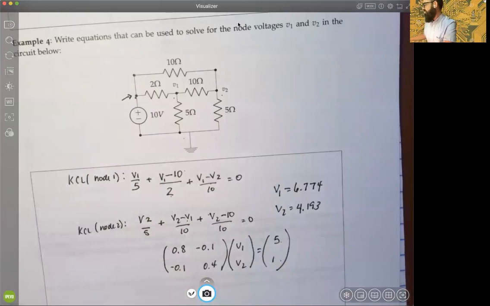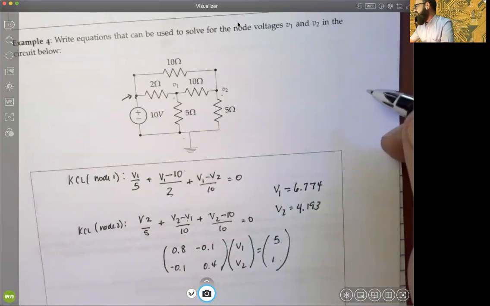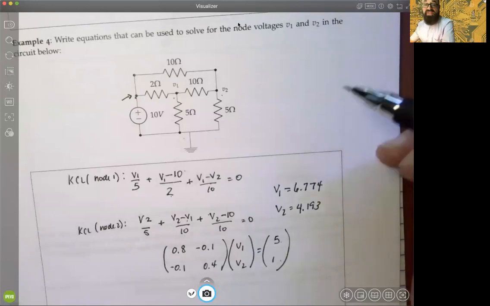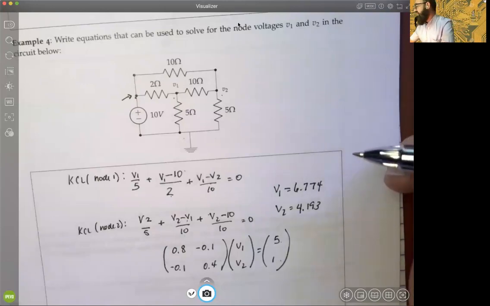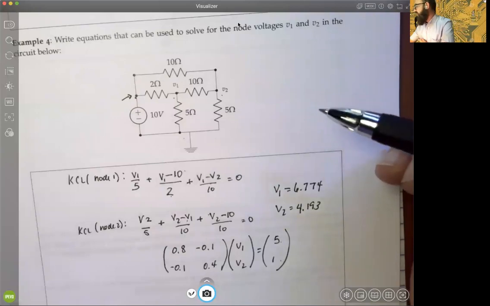Where we're headed in the next section on supernodes is another ability to write KCL equations in a way that avoids situations where voltage sources or even current sources get in the way, so to speak, making it a little more complicated to come up with an easy KCL equation.